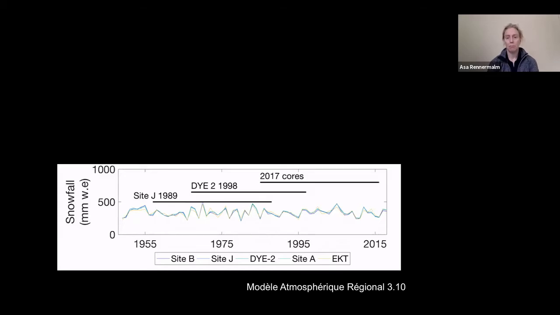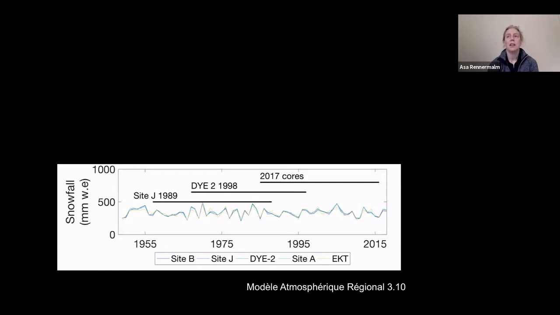I'm overlaying these black lines to illustrate the 31-year period before the sampling of each of these cores. This is the time period where the mass balance is creating the core. So you can see that it's very, very similar with respect to snowfall.